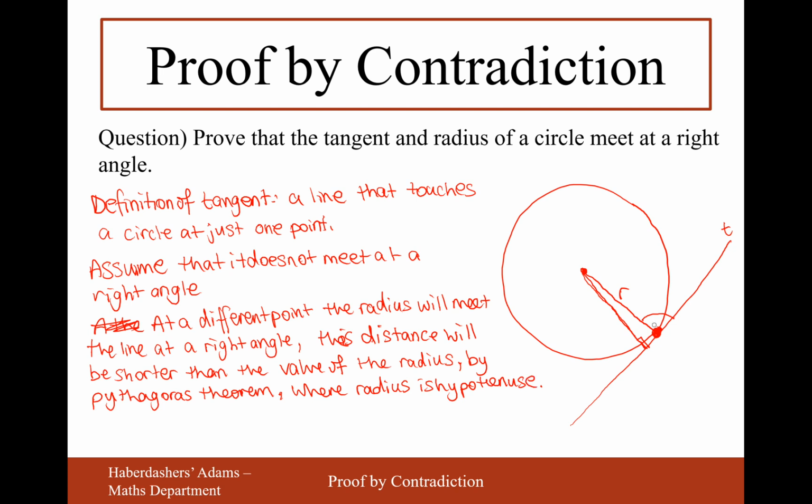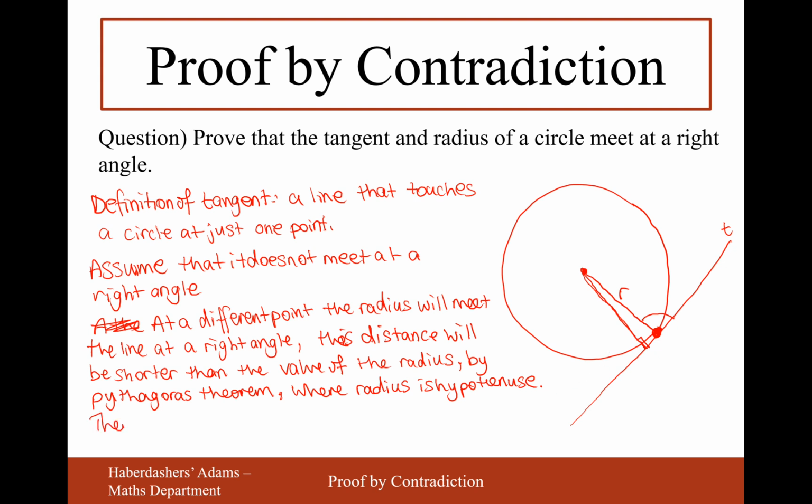And if the radius is meeting the tangent on a different line, whereby the distance from the centre of the circle to the tangent is smaller than the radius, then the tangent will be meeting the circle at two different points.